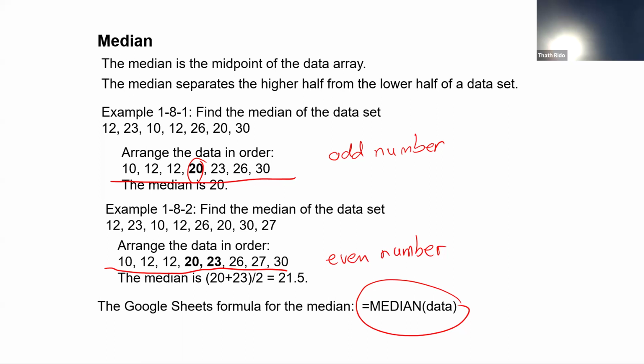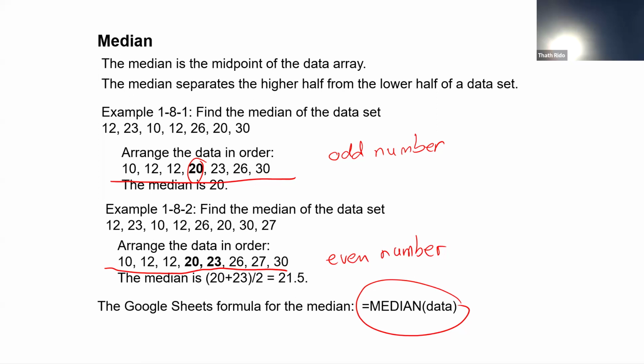If we calculate manually, we must sort, or order our data array, from lowest to highest or from highest to lowest. Any way is okay as long as we order our data values.